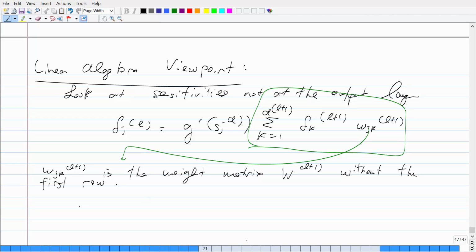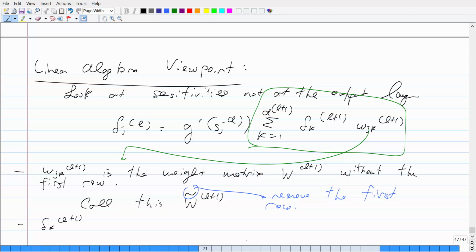Okay, so what I'm going to do is call this W tilde, L plus 1. Okay, so this is to symbolize that we remove the first row. And then that's this one, and then delta K. Right, so what we can do is collect all values into a vector.